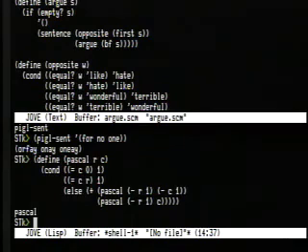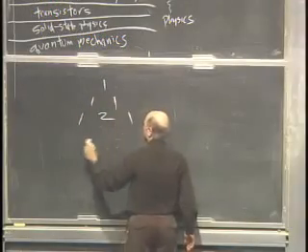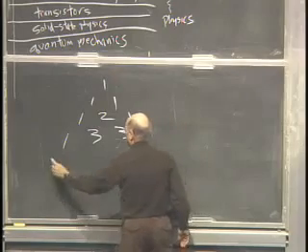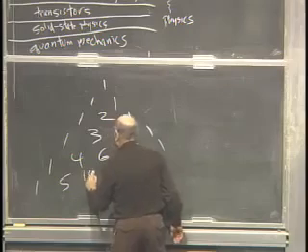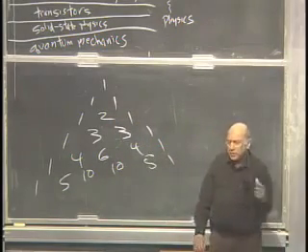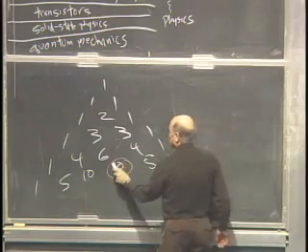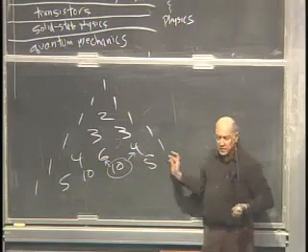So you know Pascal's triangle? It's this thing, in which each number is the sum of the two numbers above it, except that the ones at the ends of the row are 1.